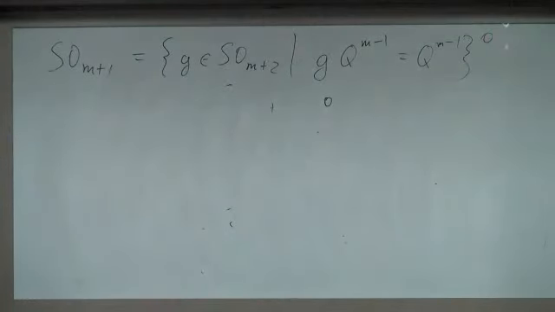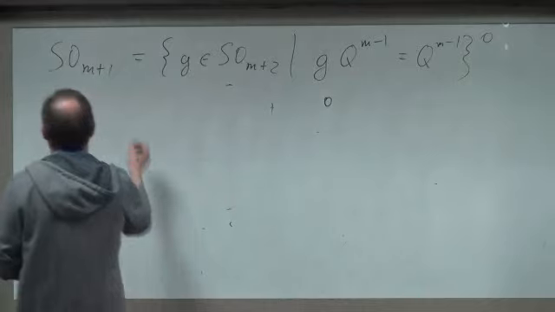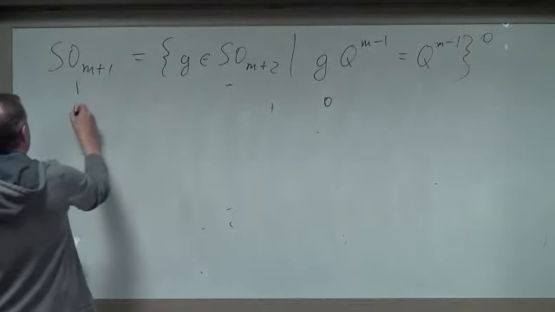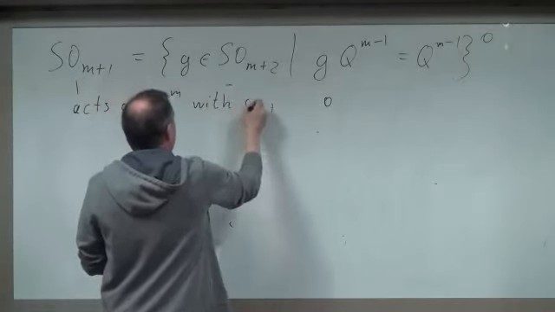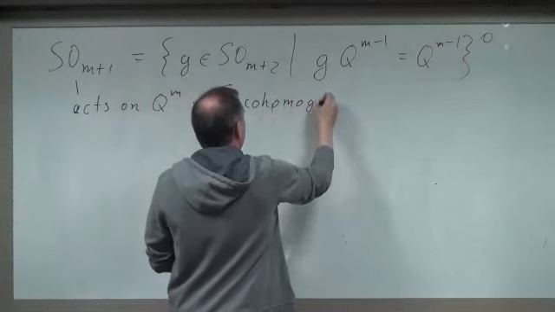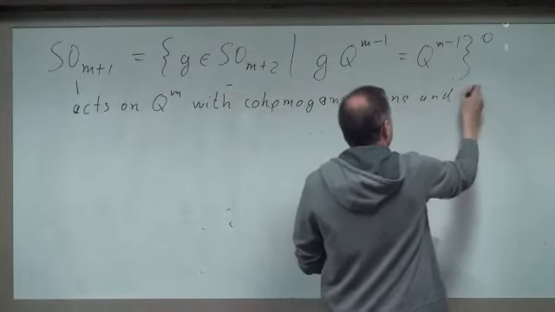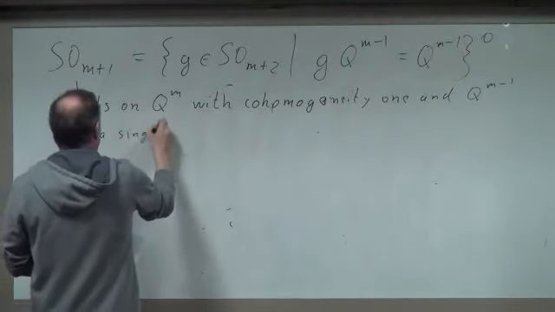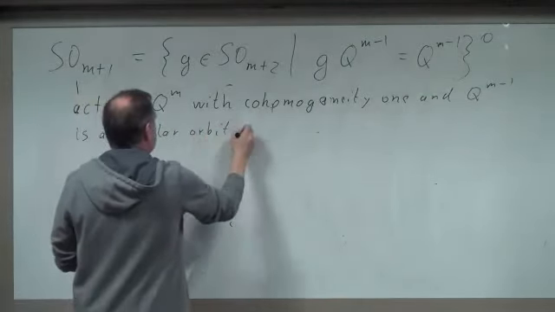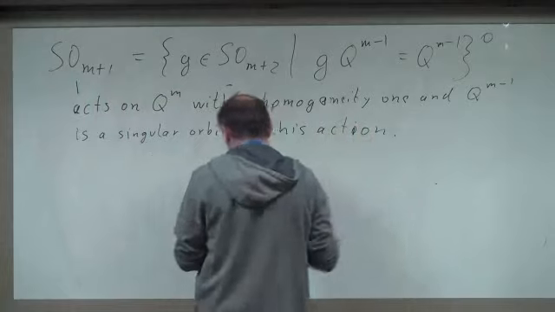So this is SO(m+1). It's just the group where we forget the last coordinate. Then this group SO(m+1) acts on Q^m with cohomogeneity 1, and Q^{m-1} is a singular orbit of this action.